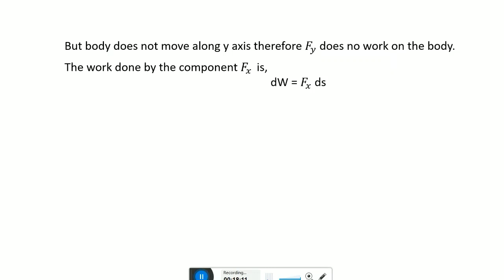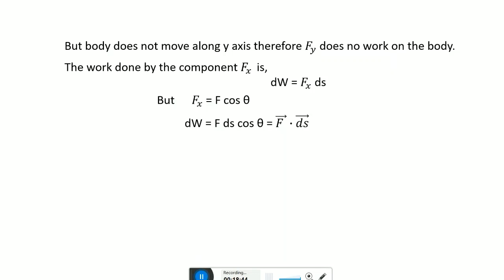The work done by the component Fx is dW is equal to Fx dx, means we only consider the x component because displacement is along the x-axis. But Fx is equal to F cos theta. Therefore, dW is equal to F cos theta into ds, or F ds cos theta.